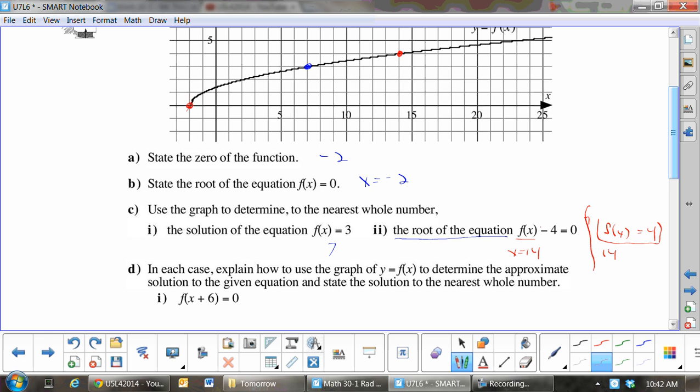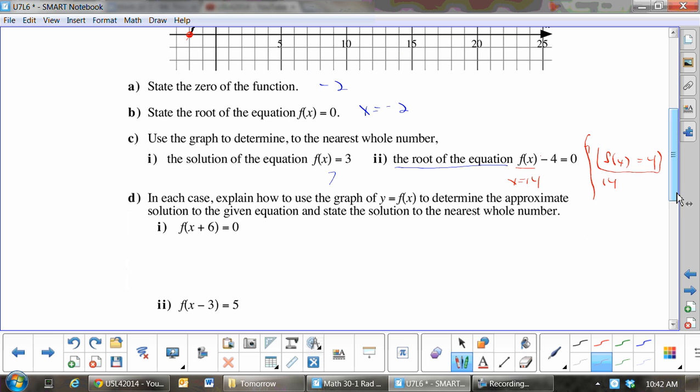If I take this entire graph and move it, we're going to do a horizontal translation, 6 units left, right? So negative 2 goes to negative 8.